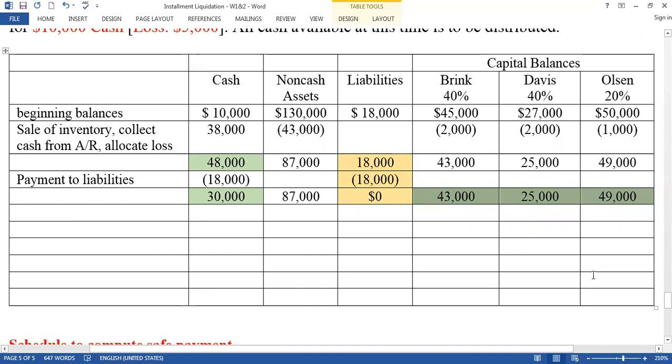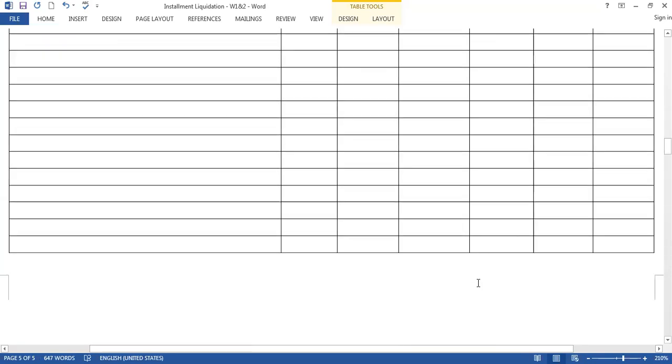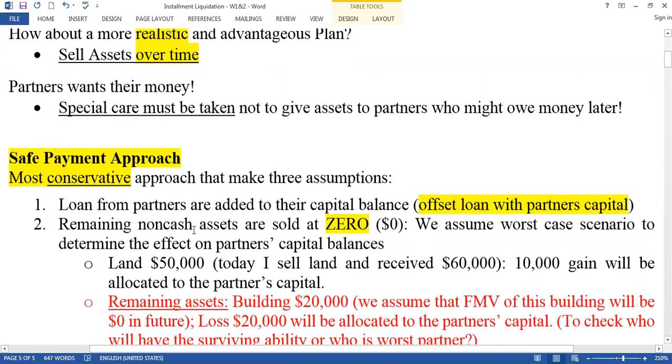Now, who is going to receive this $30,000? B, D, or S? If you remember our assumption, special care must be taken not to give assets, meaning cash, to partners who might owe money later.